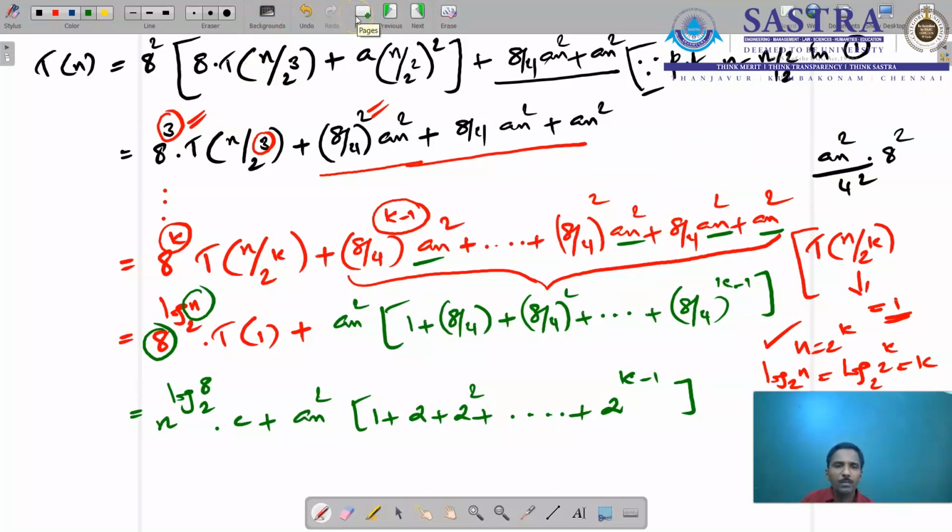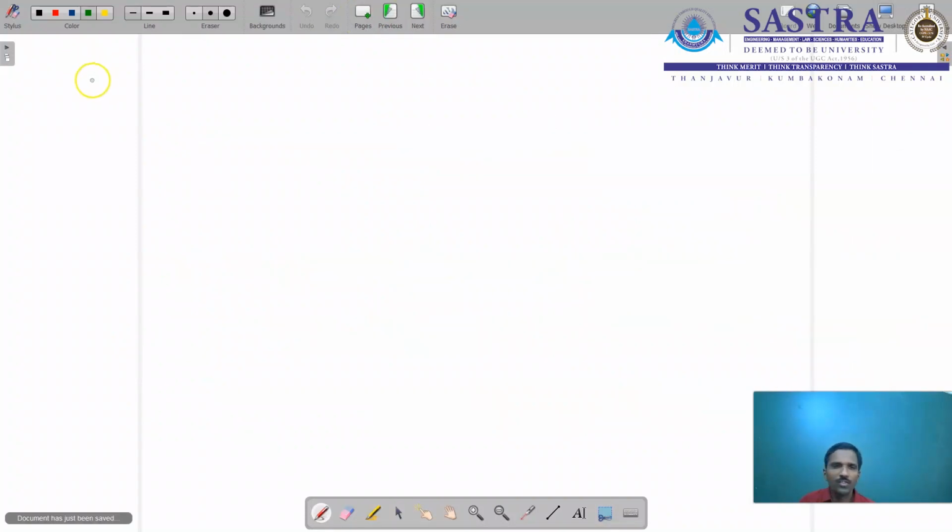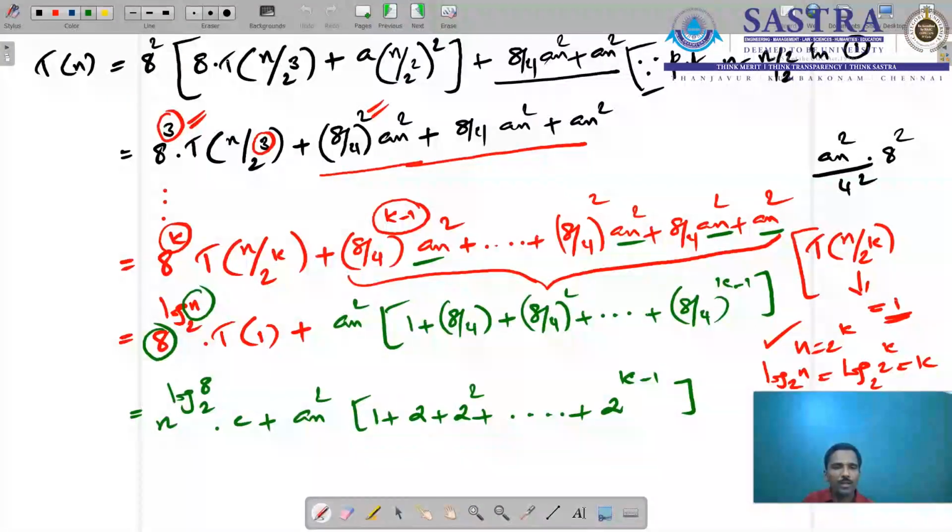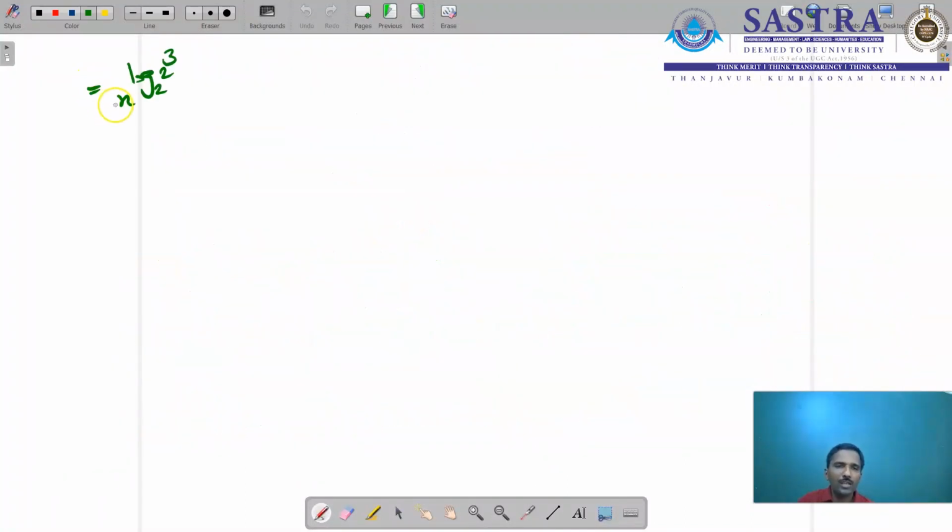Now n power log 8 base 2, this is equal to n power log 8 base 2, where 8 is written as 2 power 3 because 2 power 3 is 8. This is multiplied by c, so we can write this as c plus a into n square.